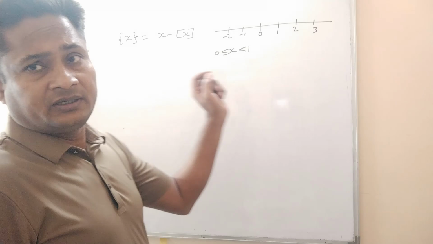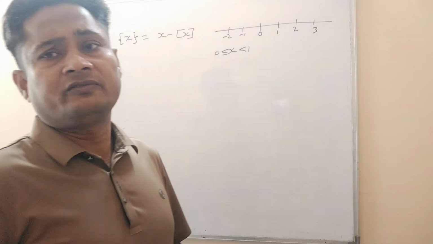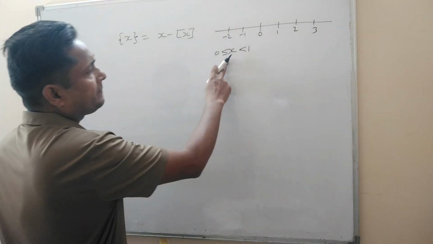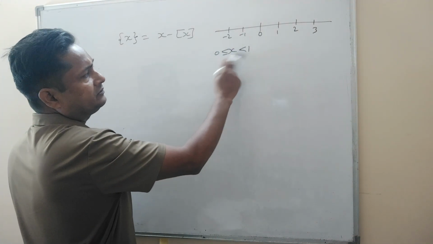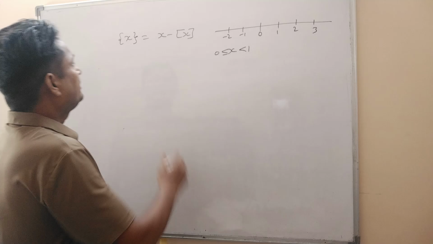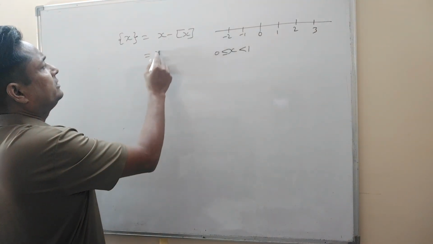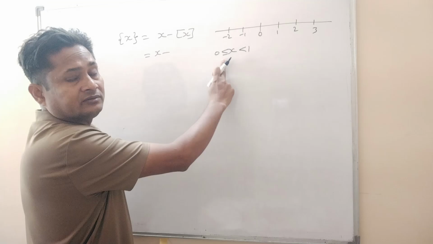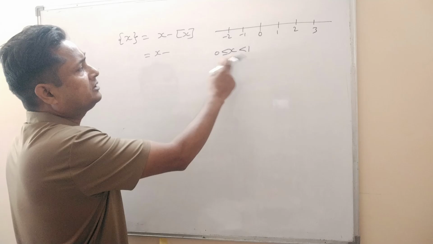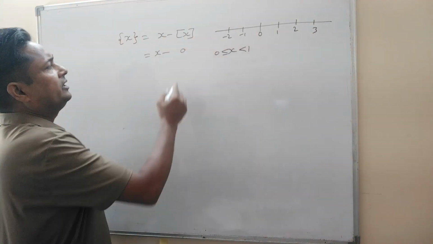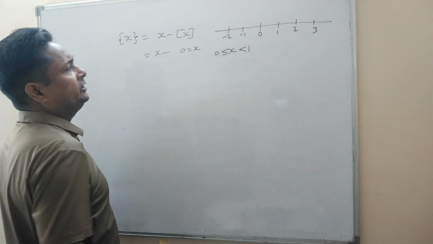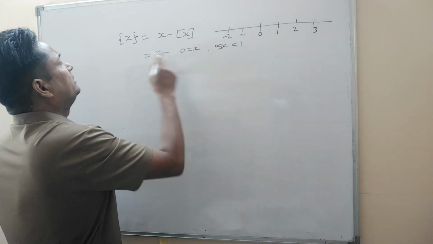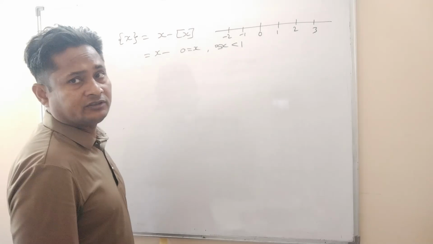If x lies between 0 to 1, then x minus greatest integer x will give 0 for the greatest integer part. That means the fractional function of x gives the value x.